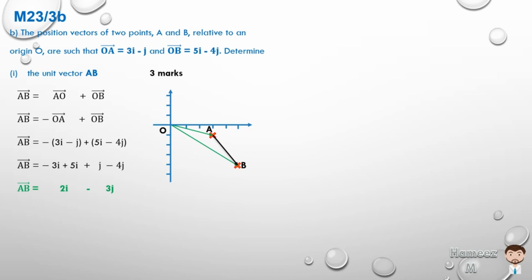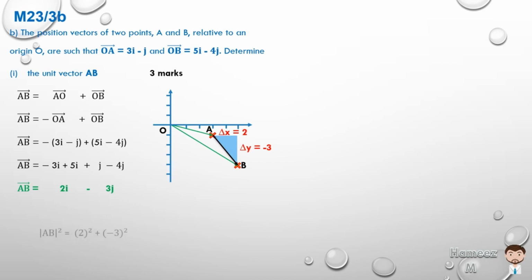If we start at A and we move 2 units to the right and then 3 units down, it will give us AB. We can indicate that by the triangle, showing the change in x is 2 and the change in y is minus 3. Now, since we want to find the unit vector, we need to find the length of AB. We have a blue triangle showing AB, so we can use Pythagoras' theorem: change in x squared plus change in y squared is equal to the length of the hypotenuse squared, AB squared.